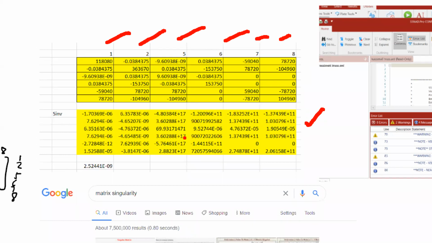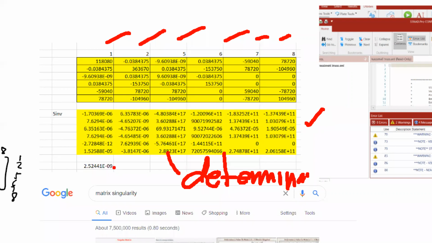And if you find the determinant of this matrix, it has a determinant because it's a square matrix. You will come up with almost zero determinant, 2.52 times 10 raised to negative 9. So zero determinant, and that means your matrix is a singular matrix.